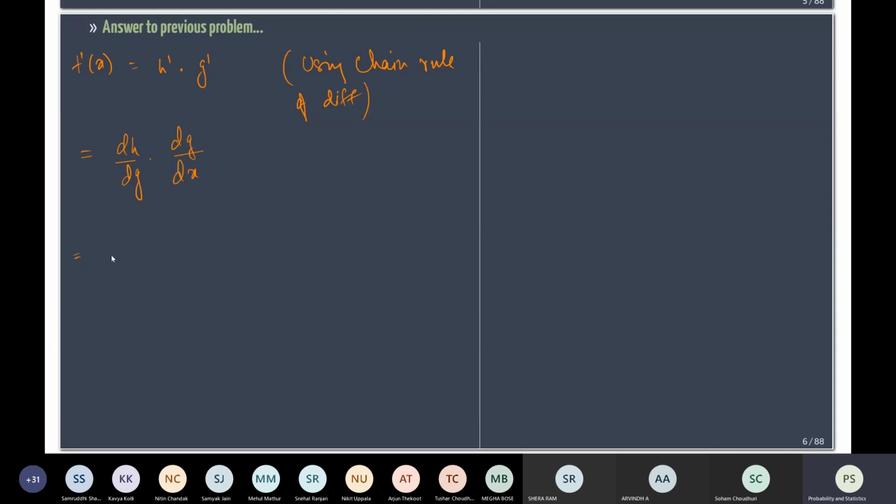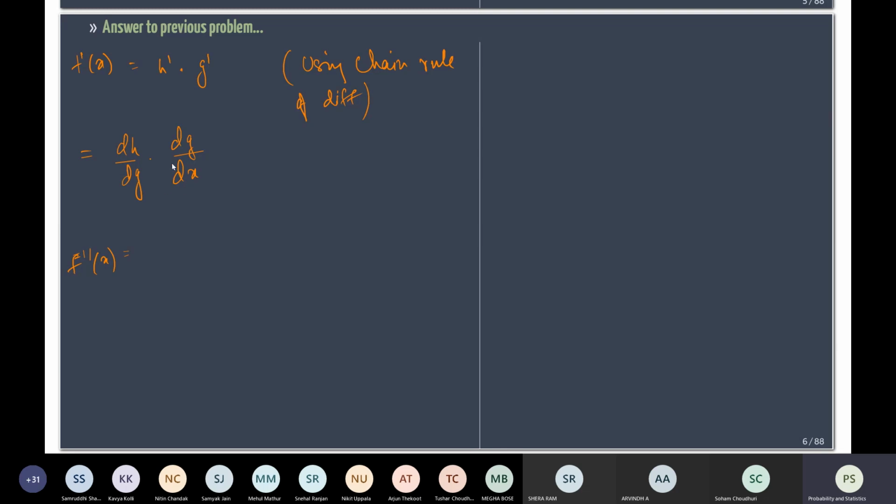For the double derivative there will be two things, because dh by dg is guaranteed to be a function of x, but even after differentiating, it still remains a function of g, and g is again a function of x.